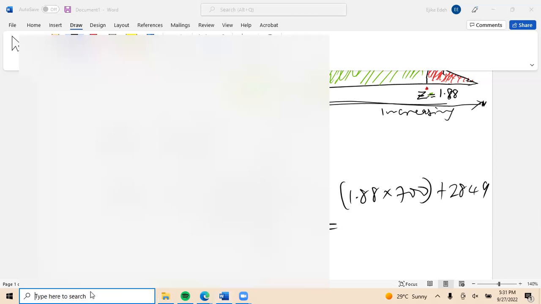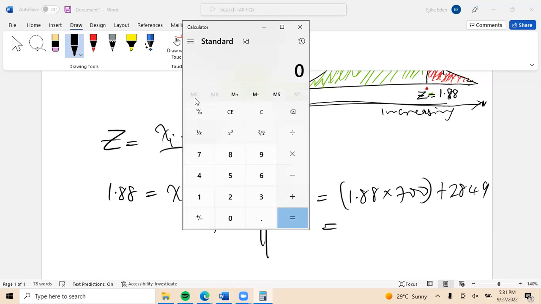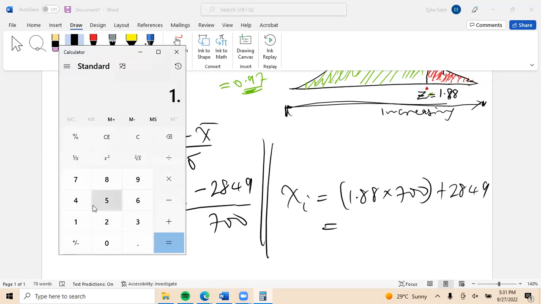I can actually do it over here, so you can see that. We would do 1.88 multiplied by 700, and that gives us this value over here, 1,316, plus the mean, which is 2849. So that gives you 4,165.